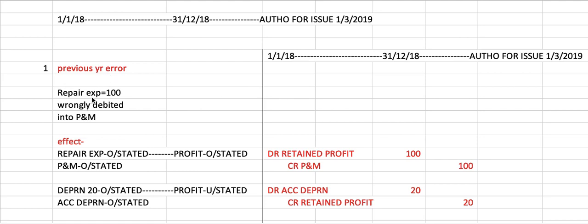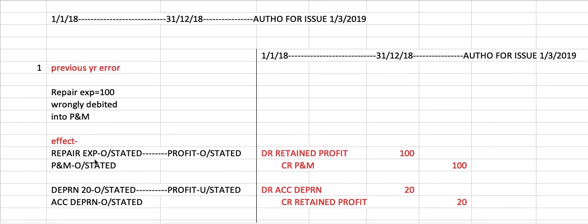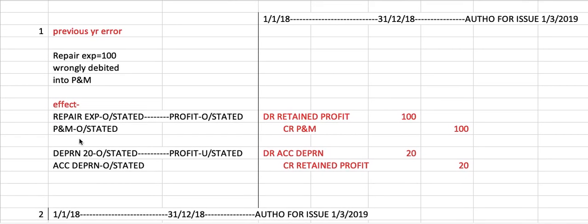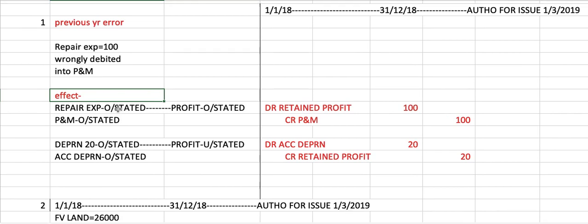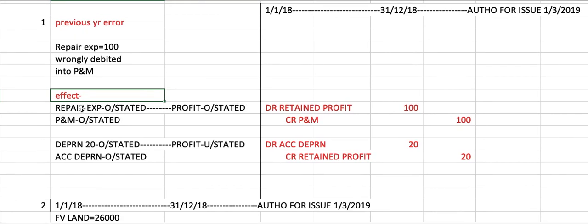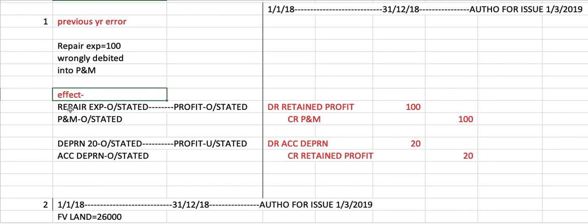So the repair expenses of 100 has been wrongly debited into plant and machinery. The effect is that the repair expenses is understated, because you did not recognize it as an expense, but you recognized it as an asset, which is wrong.